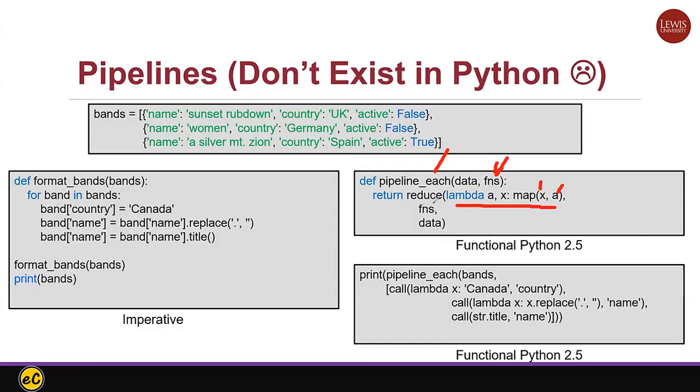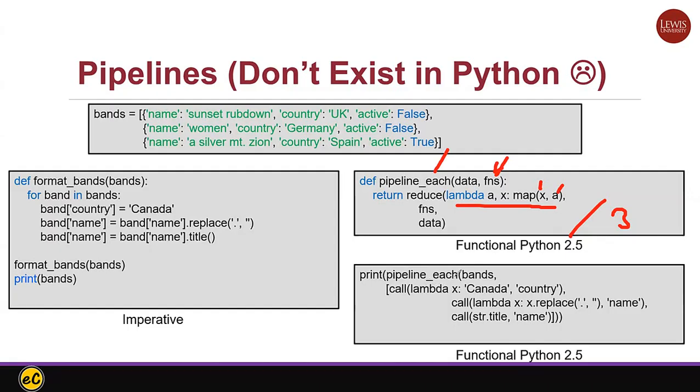And then we do reduce. Reduce has a function, and then here you have data. You have a function, and you reduce. Reduce actually provides an aggregate feature of the map function to the functions. So this one, I think this is 3.5. And then this one, you can also use pipeline each.